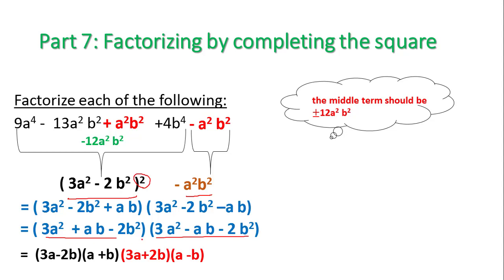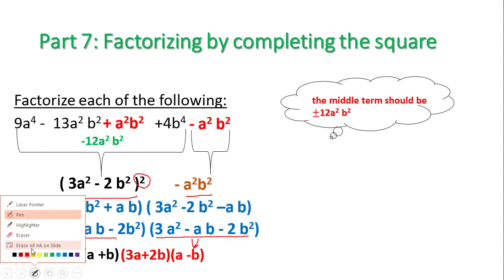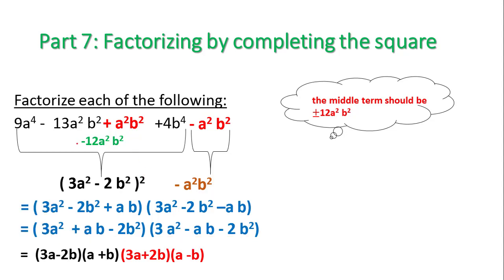You can revise part 2, then you can factorize the two terms again. This term will be 3a minus 2b times a plus b, and this term will be 3a plus 2b times a minus b. Okay, now I have factorized this expression using the completing square method.